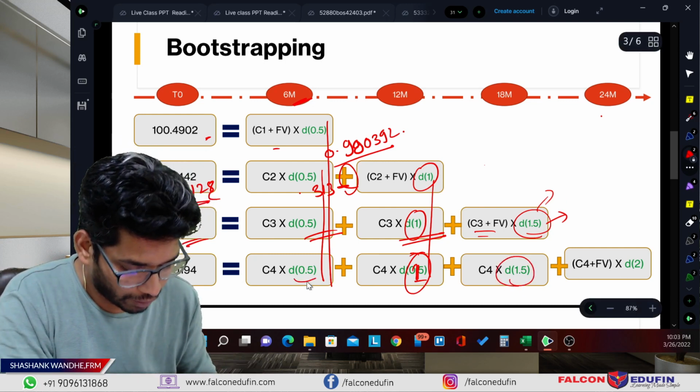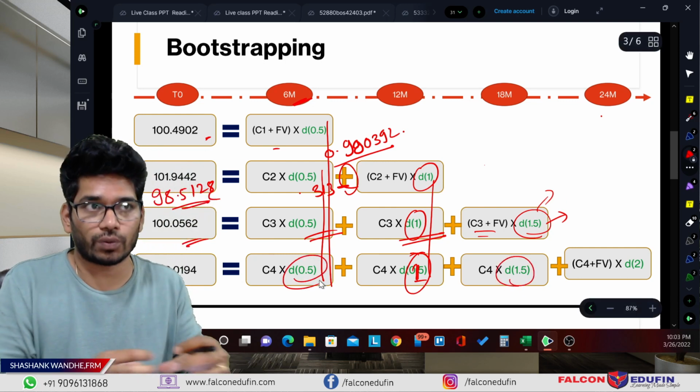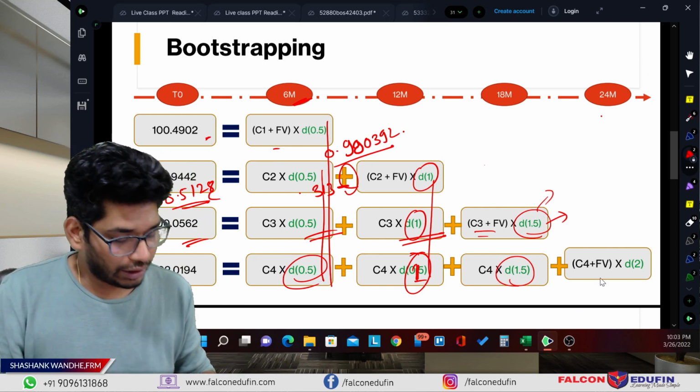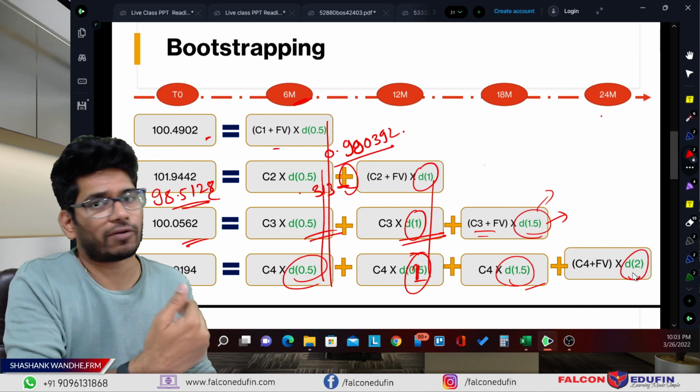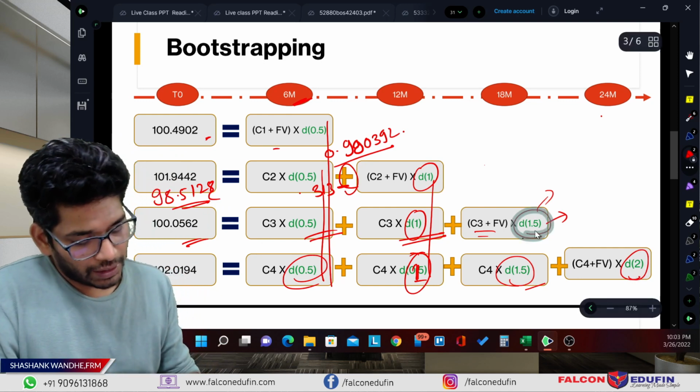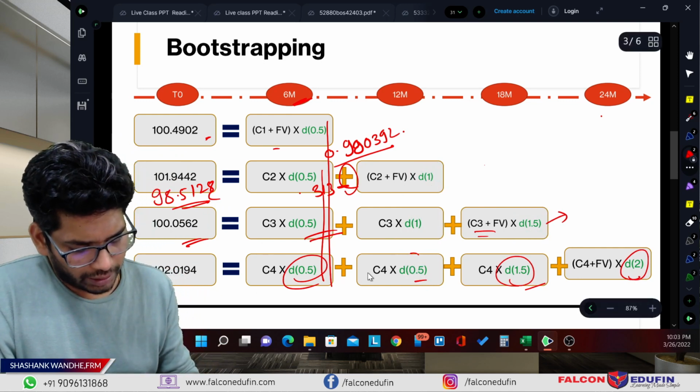So you will have D1.5, and in for bond 4 you will have all the information, and then you will have the discount factor D2, that is a discount factor applicable for the 24 months. Okay, so you can calculate this discount factor now.